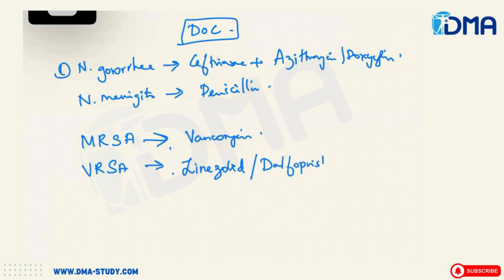Okay. Linezolid, then dalfopristin, quinupristin, right? Then the drug of choice for Acinetobacter, carbapenems, imipenem or meropenem.